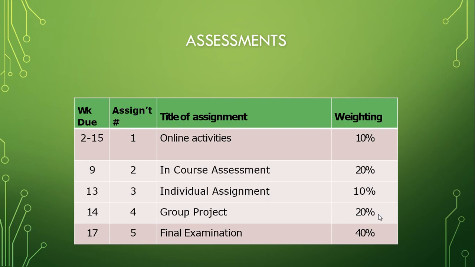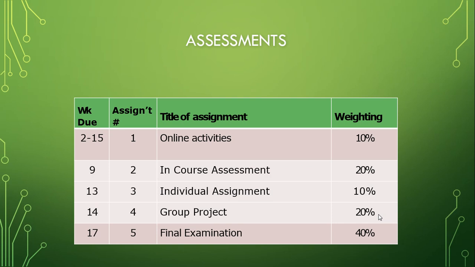Here we have a summary of the assessments that would have been pulled from your scheme of work. First we have, ranging from weeks 2 to week 15, many online activities that would be applied to the course. This will be worth 10% of your final grade.